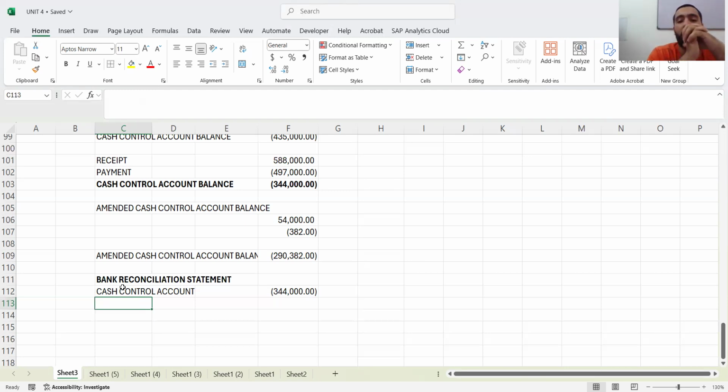What are the items that are in the receipt and payment journal or cash control account, but not in the bank statement? Very simple.